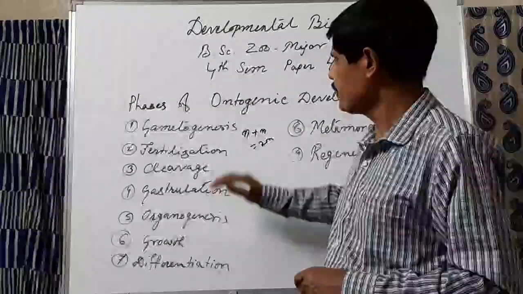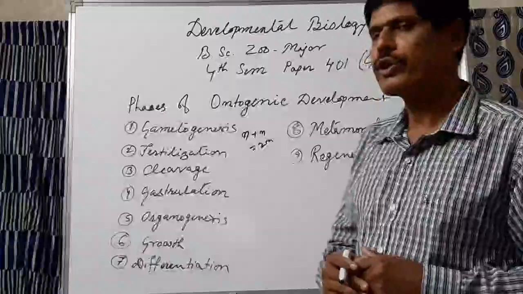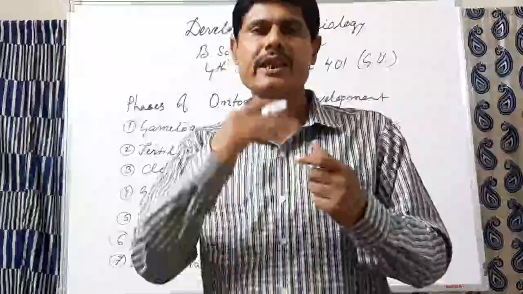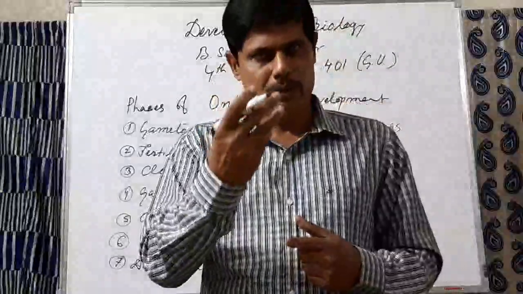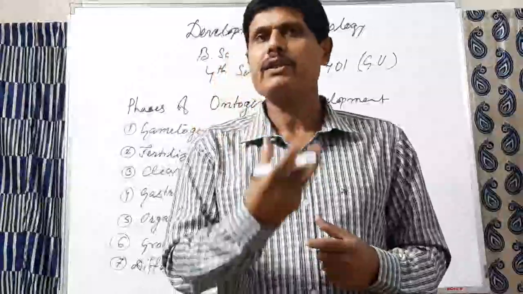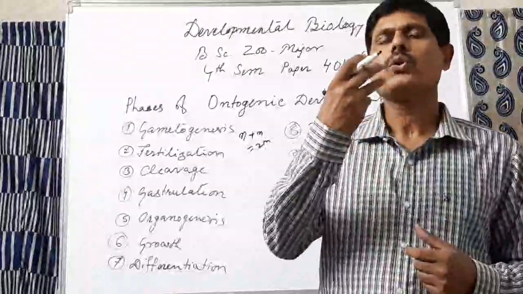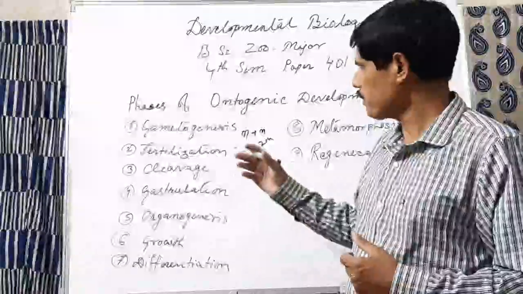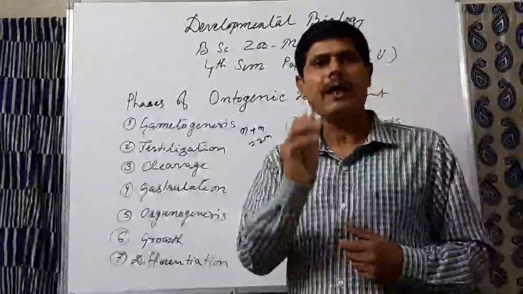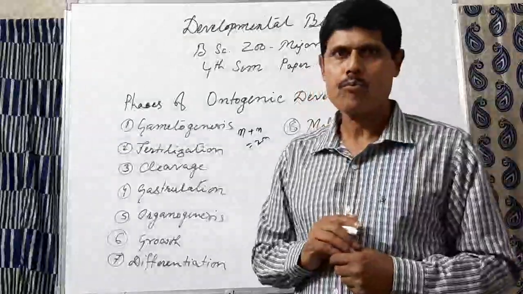The third step is cleavage or segmentation. It is the transformation of the single unicellular zygote cell to a multicellular body. It takes place through consecutive mitotic divisions only.